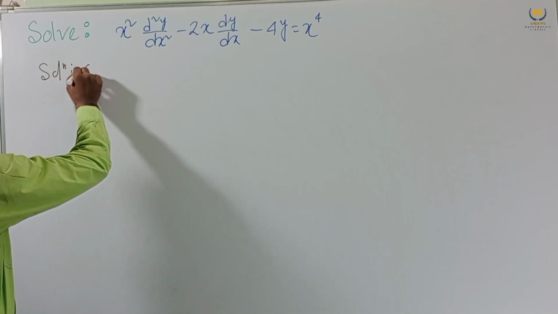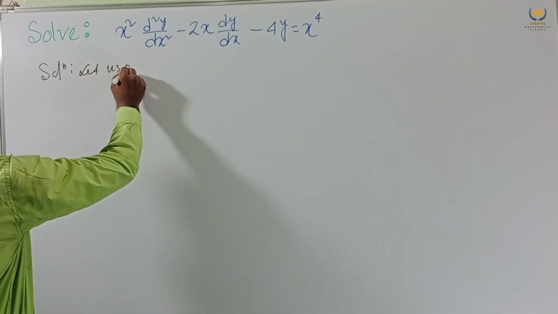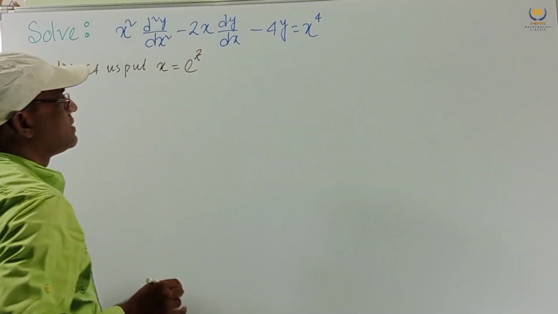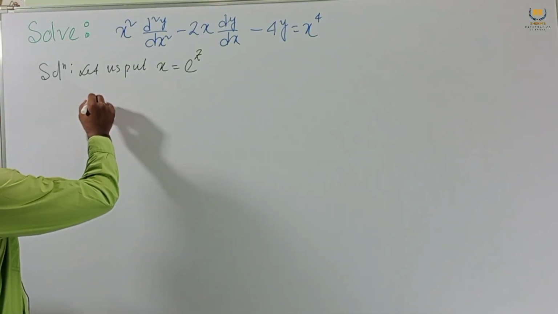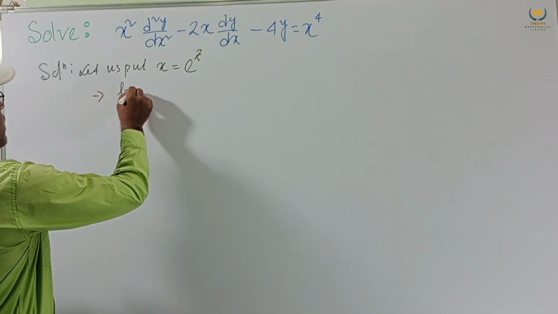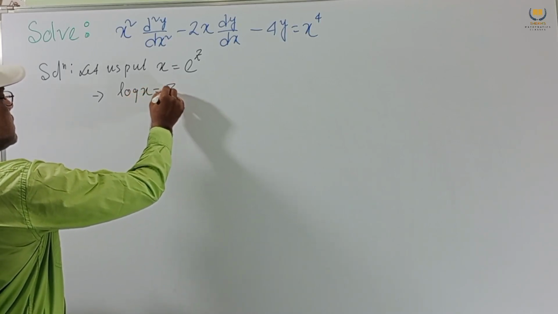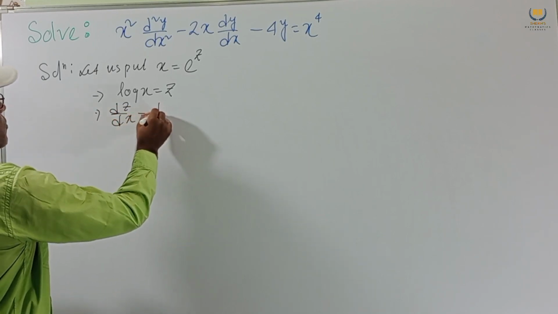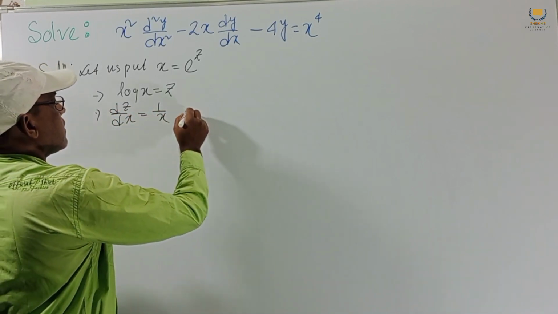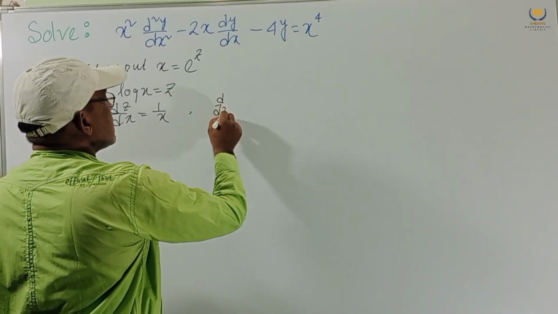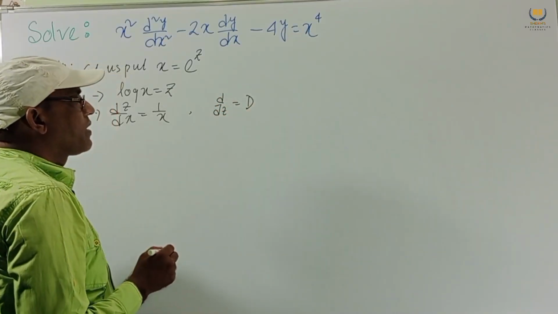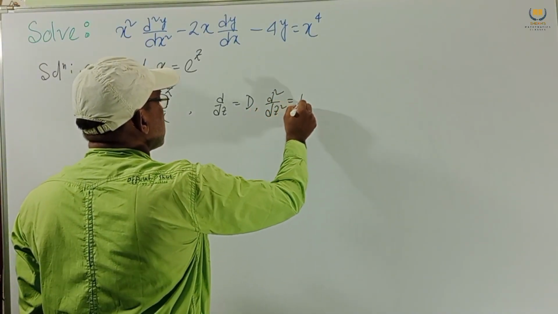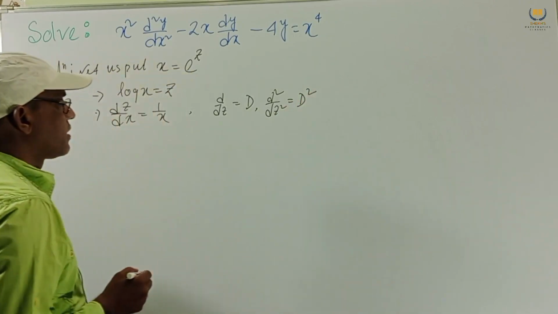Solution: let us put x equal to e to the power z. This implies log x equals z, dz/dx equals 1 by x, and d/dz equals capital D, d square/dz square equals capital D square.